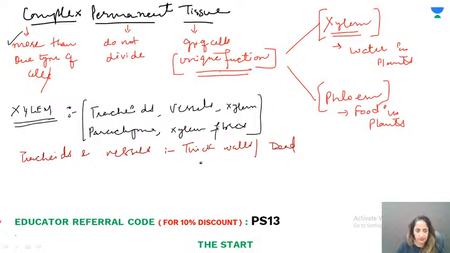They are of tubular structure because they are tubes, because they have to carry water. They are thick walled, tracheids and vessels, and they are basically for the transportation of water. They are basically carrying water in plants. Then we have xylem parenchyma.